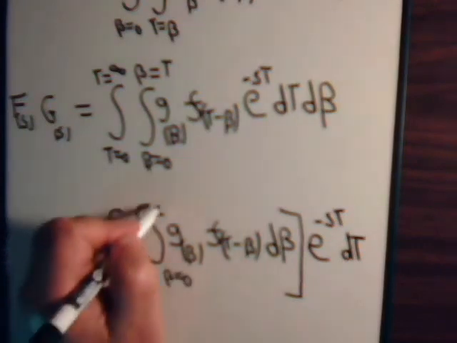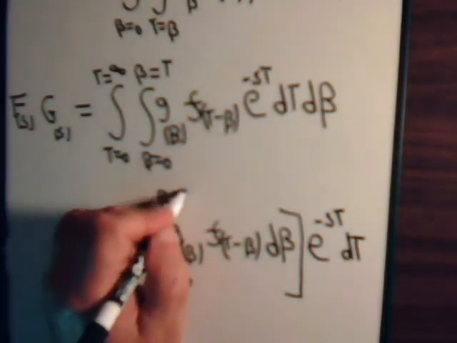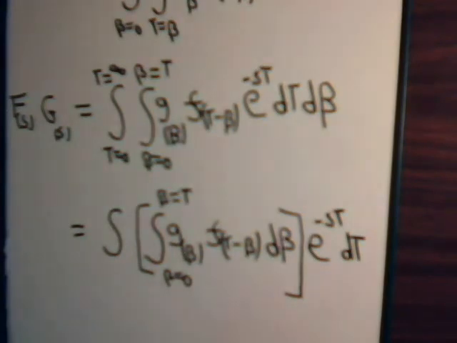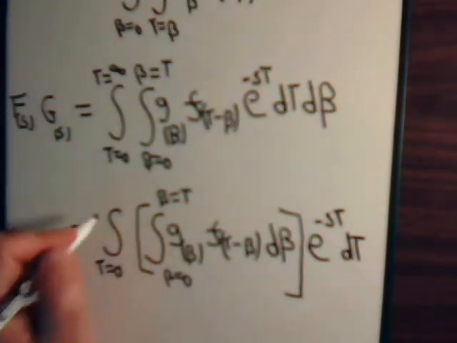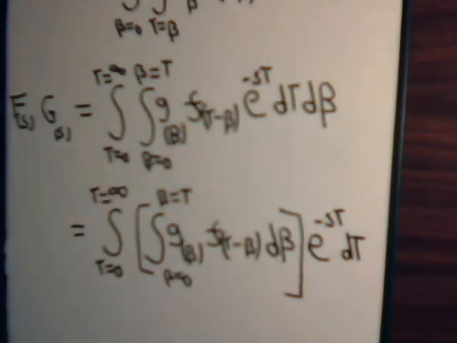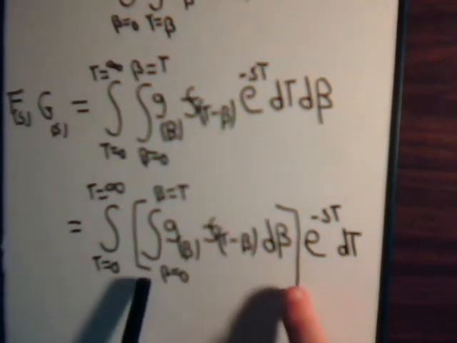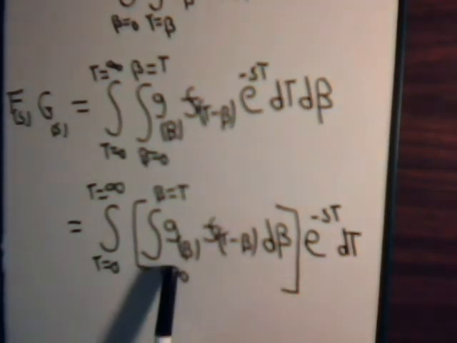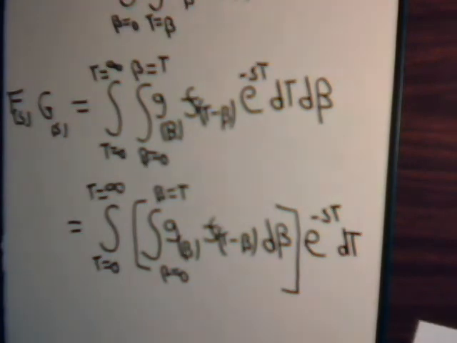Beta goes from 0 to beta equals t. T goes from 0 to t equals infinity. And hopefully this type of integral expression looks familiar to you from what we did before with convolution.